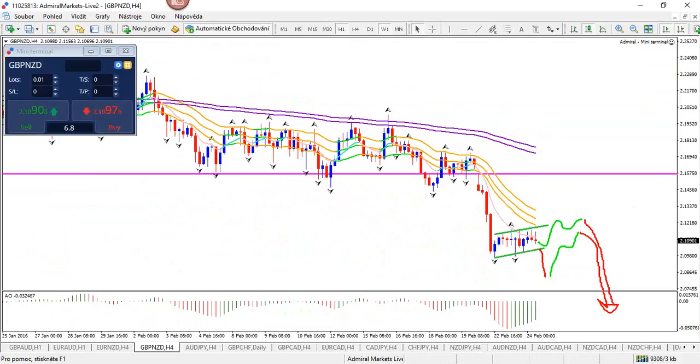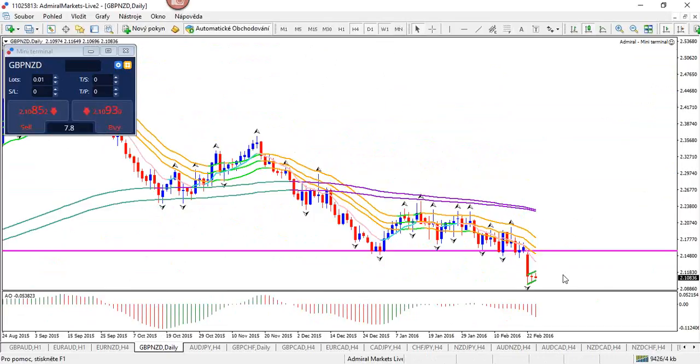And then the same thing. Break lower and pull back, continue, or we get a bigger flag and then continue down. That's what I would be expecting personally on the Pound New Zealand. At 207, of course, things can change. Maybe we hit support levels that are stronger.